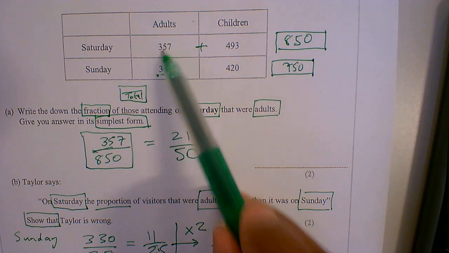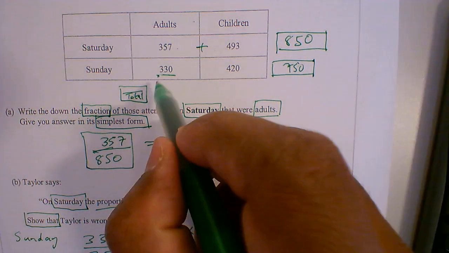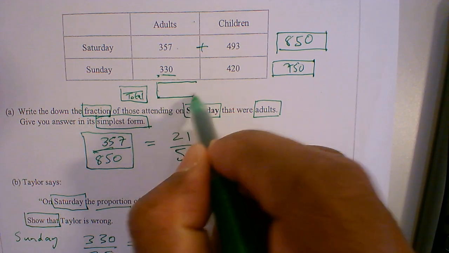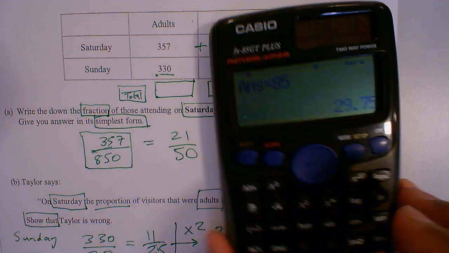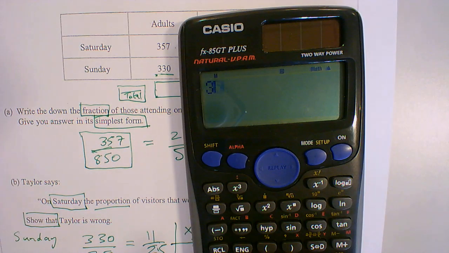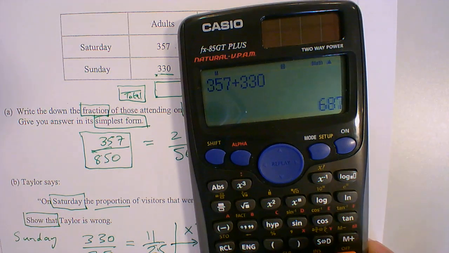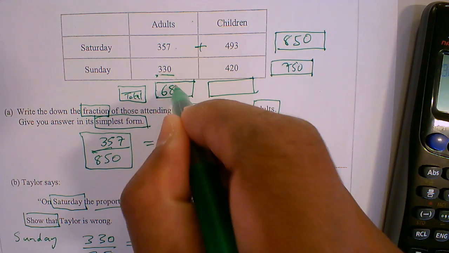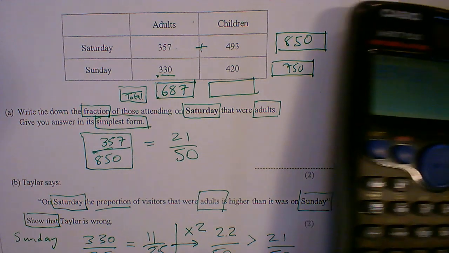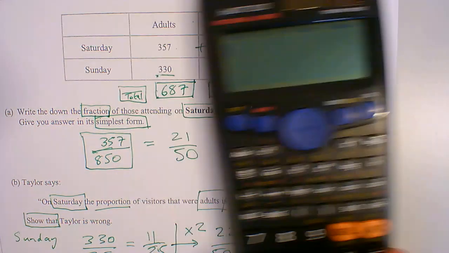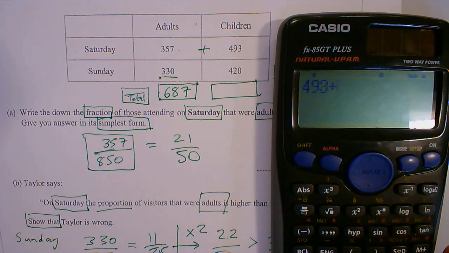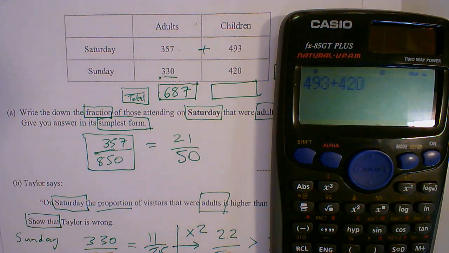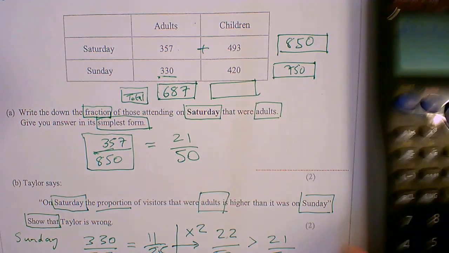For the adults, I add these two numbers together: 357 plus 330 gives me 687. And then I've got the other one, which is 493 plus 420. That gives me 913.